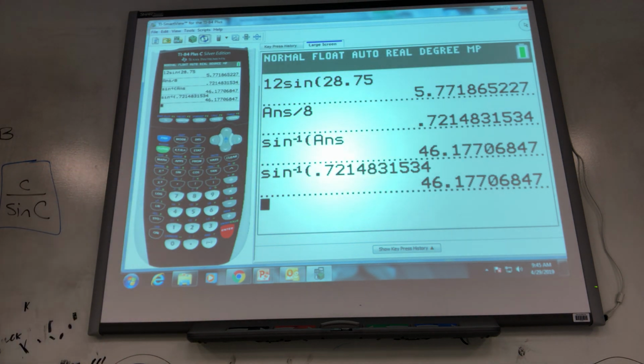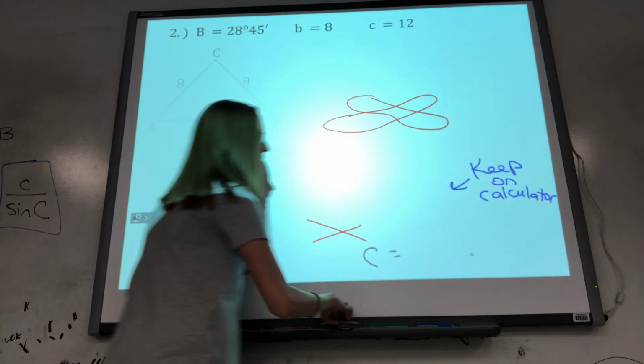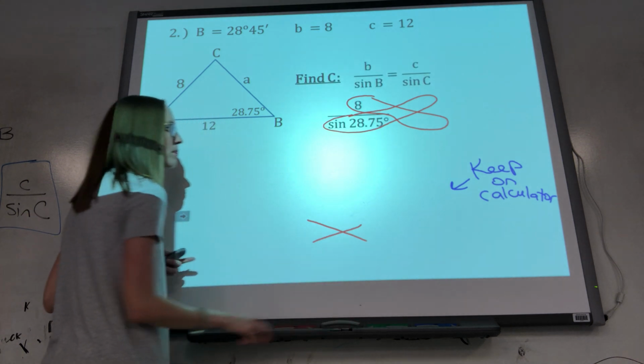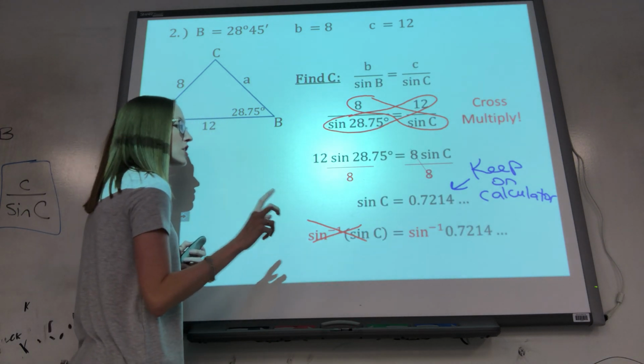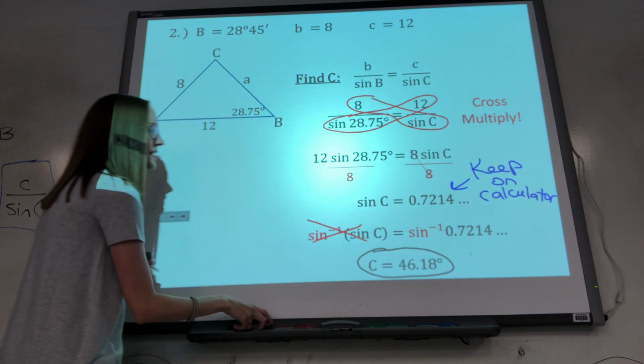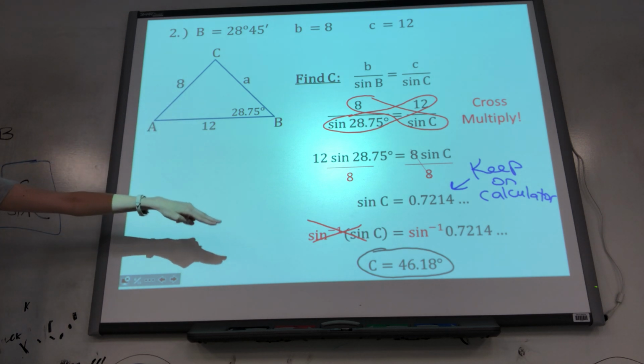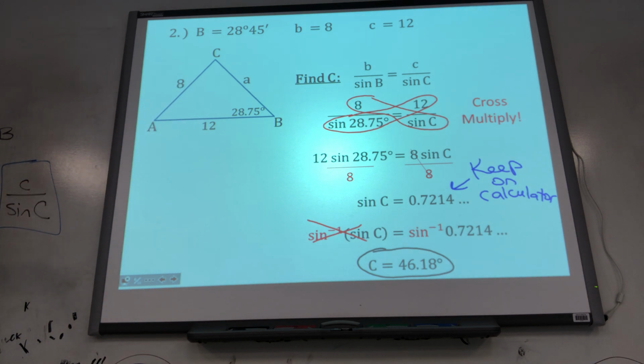It should be about 46.18. Now, it was an angle, so let's make sure to put the degree symbol with it. Angle C is 46.18 degrees. Okie doke. Any questions about how we found angle C?